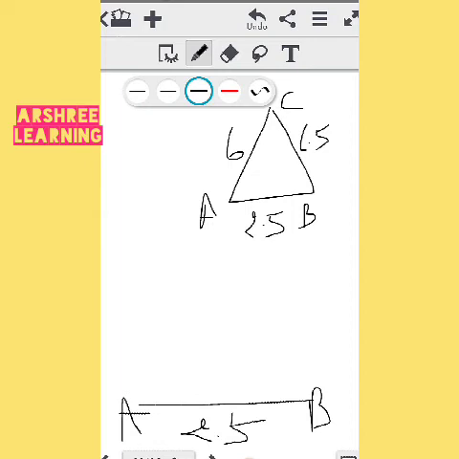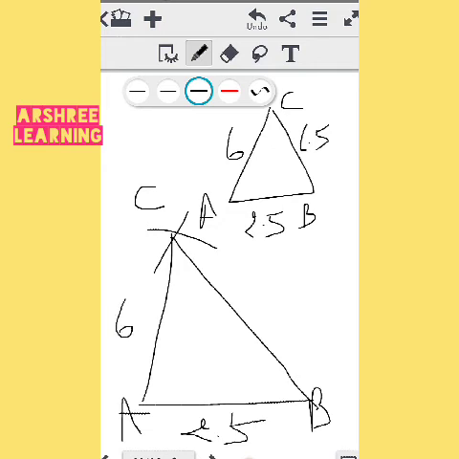Then you will cut the arc with the compass. From A you will cut 6 centimeter, from B you will cut 6.5. So wherever point C comes, you will draw the line. So AC will be 6, BC will be 6.5 and the figure will be made.